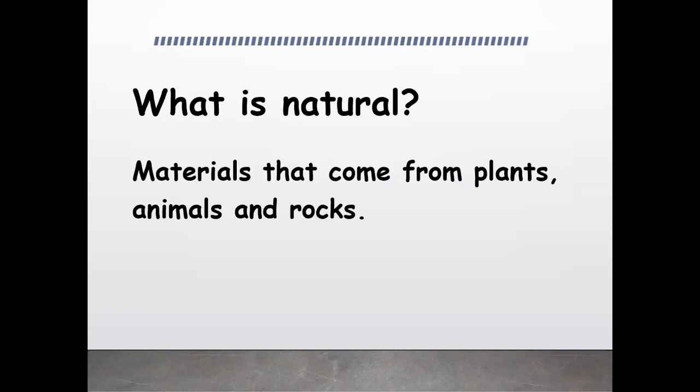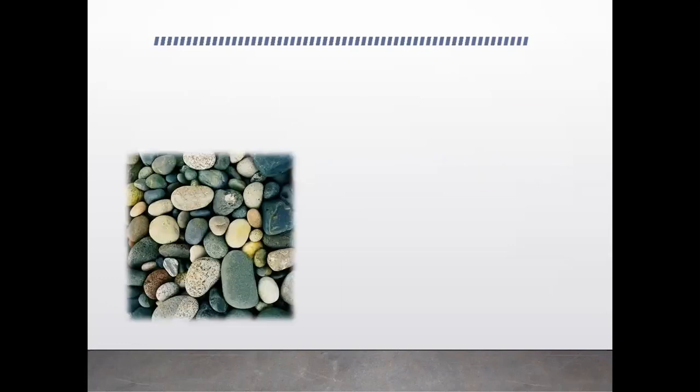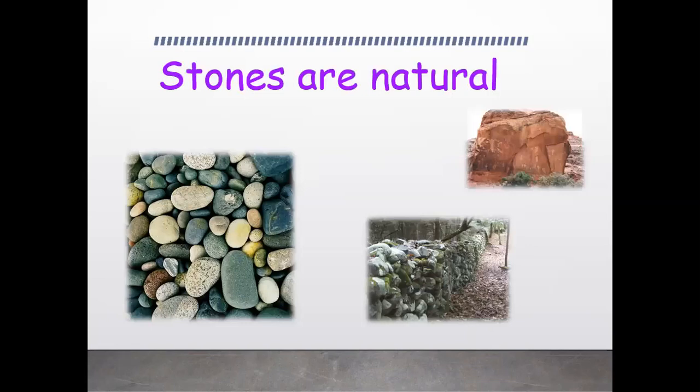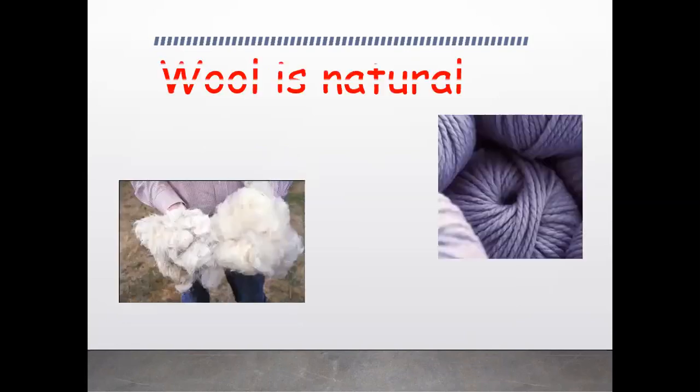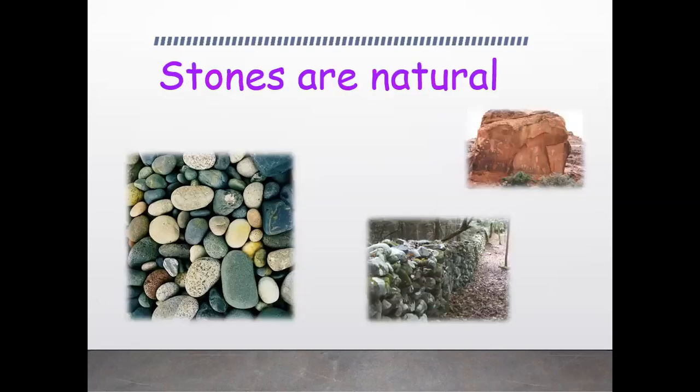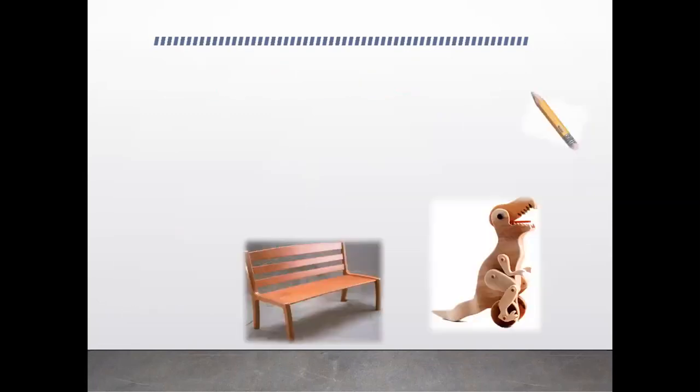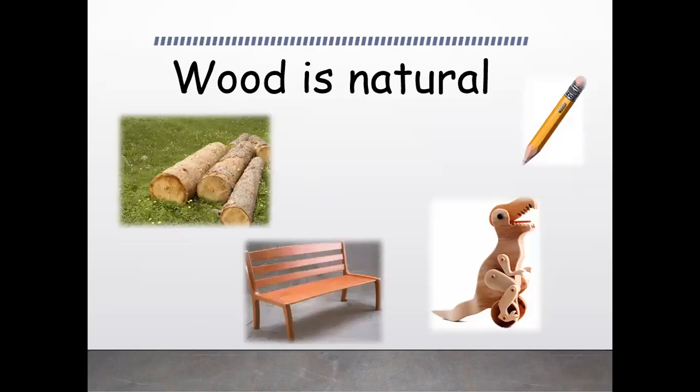Like what? Stones. Stones are natural. Like what also? Wool. Wool is natural, it's coming from an animal. The stones are rocks. What else? Wood. Wood is coming from a tree. A tree is a plant which is found in nature, so it's natural.